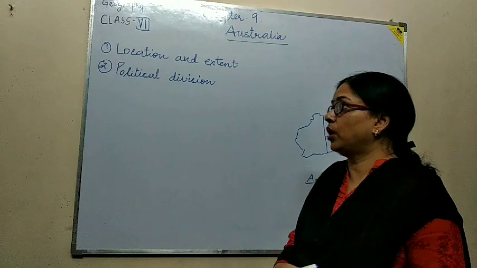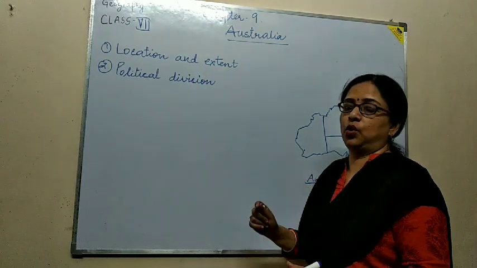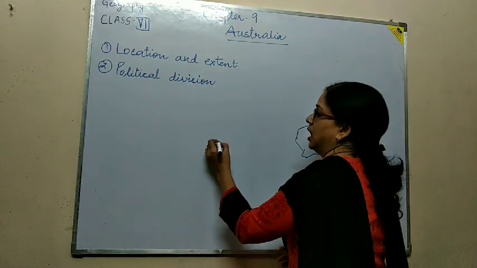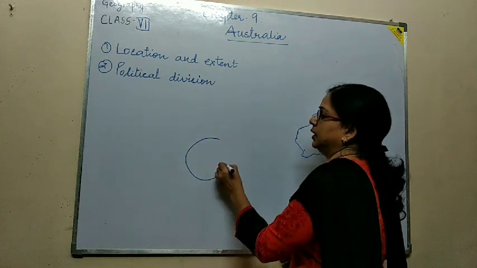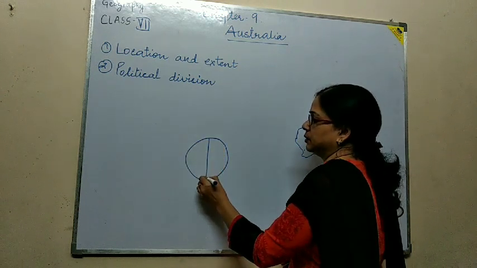Now, when we talk about the location of Australia, it lies completely in the southern hemisphere.